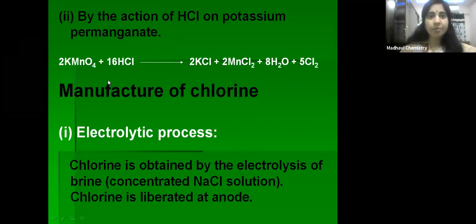Next method, by the action of HCl on potassium permanganate. What is the formula of potassium permanganate? KMnO4. When KMnO4 reacts with hydrochloric acid HCl, it gives chlorine gas, right? Along with chlorine, what are the byproducts? Potassium chloride, manganese chloride and water.